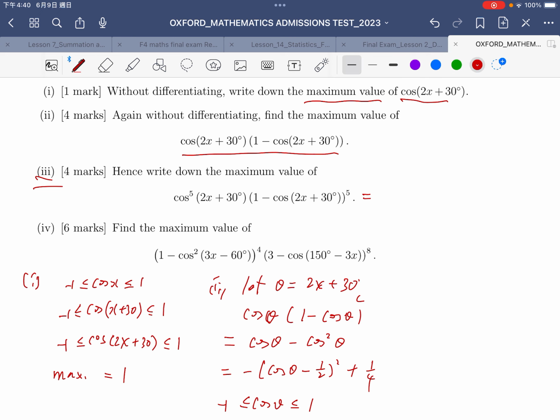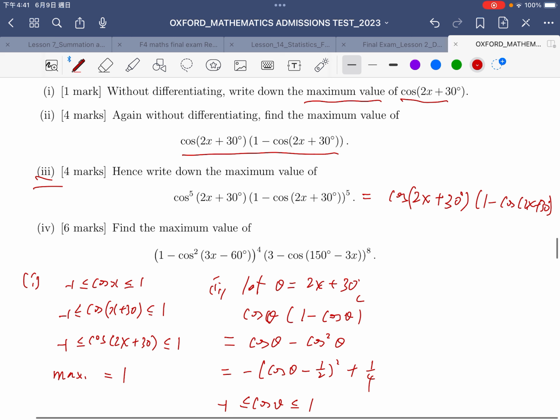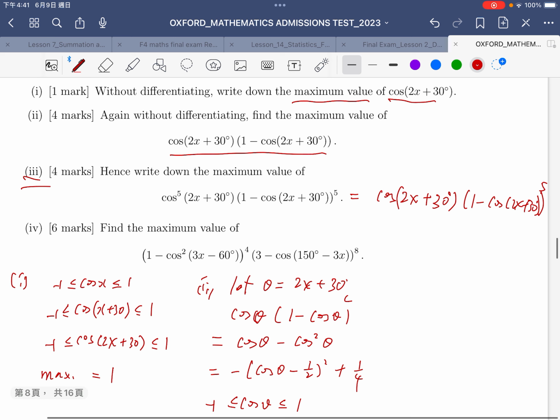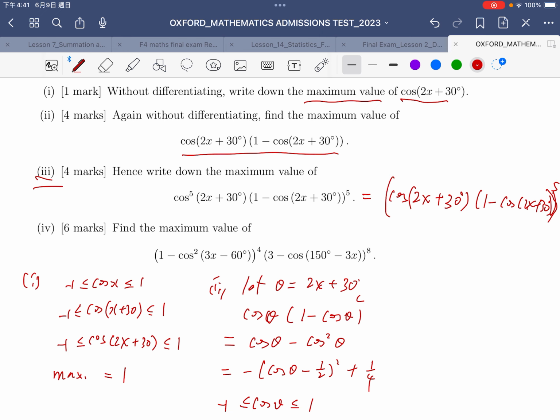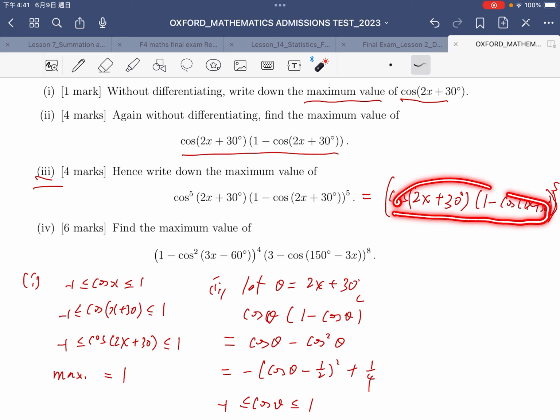I rewrite this question as cosine of (2x plus 30) times 1 over cosine of (2x plus 30), all to the power of 3. We have presented that the maximum of this is equal to 1 over 4.